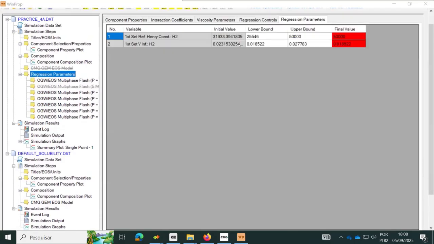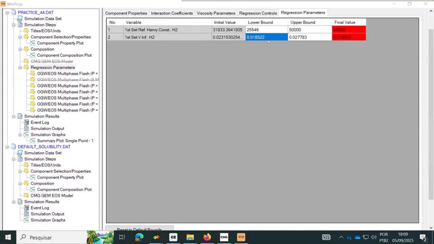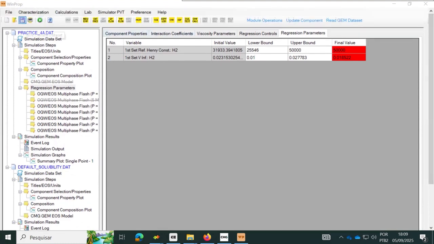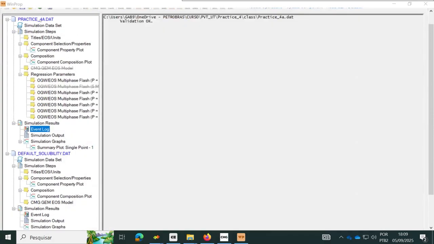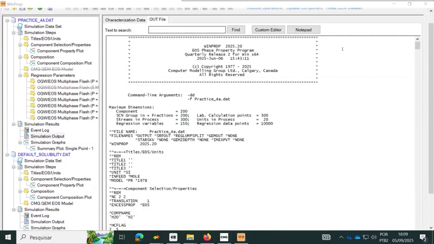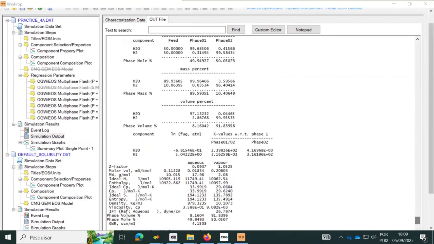So let's go back here and assume a lower value for this. Let's assume 0.01. Let's save and run. Let's go back there.